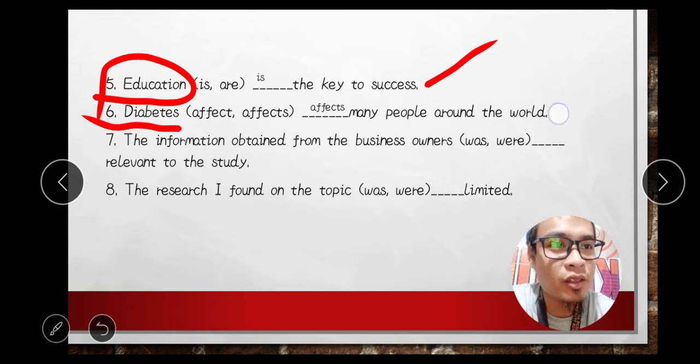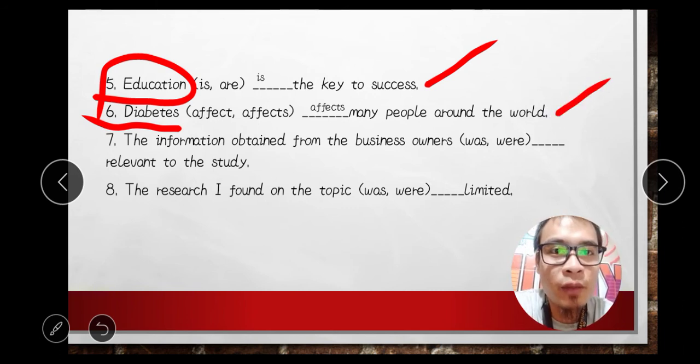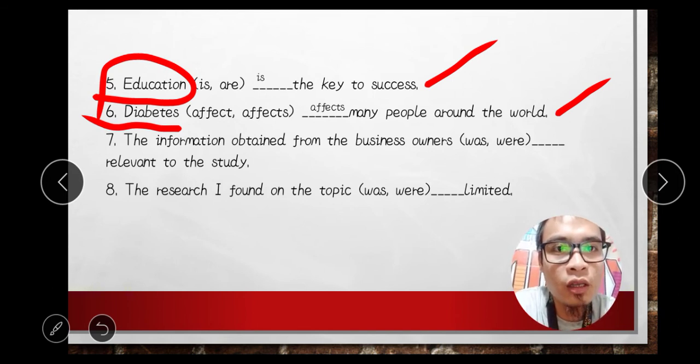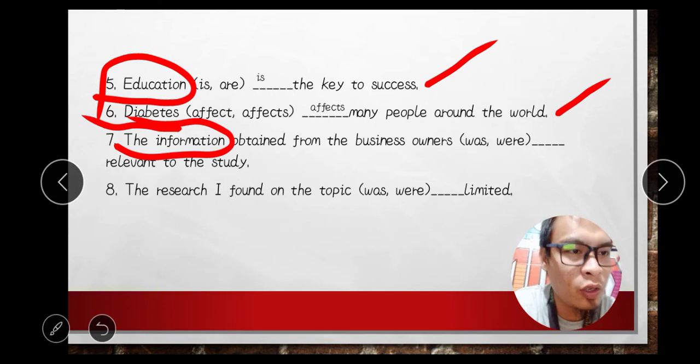Number 7. The information obtained from the business owners were relevant to the study. So in here, we try to find the subject of the sentence. The subject in here is the information. Again, this is an uncount noun. You cannot count the information.